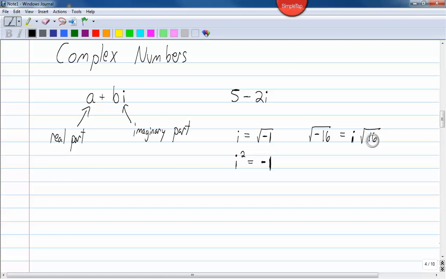And then the square root of 16 is 4. So the imaginary number 4i is the square root of -16. Anytime we have a negative under a square root, you can drop the negative and just put an i in front of the square root.